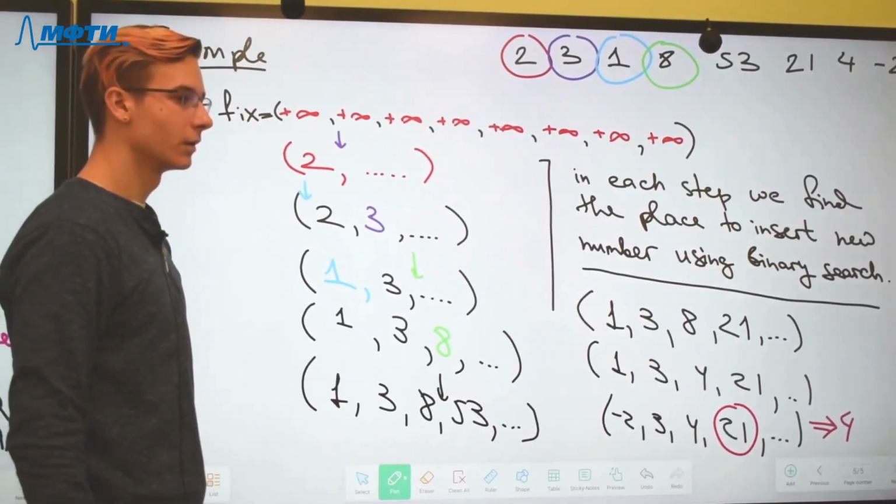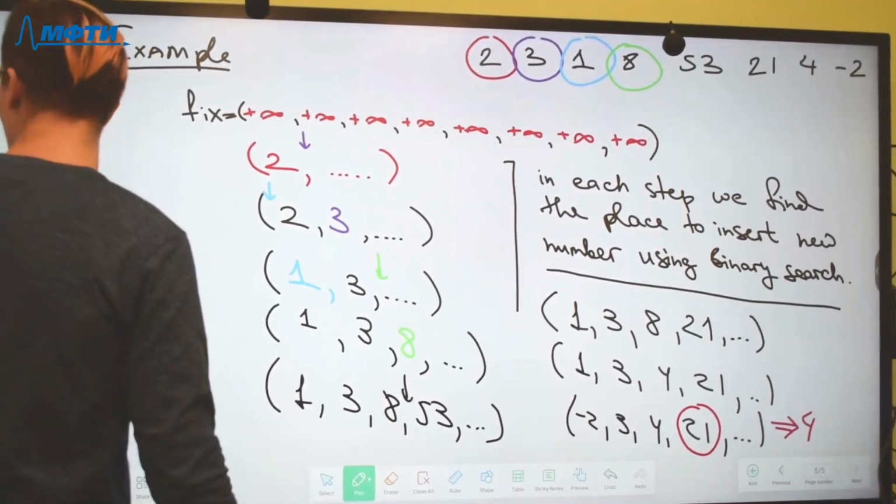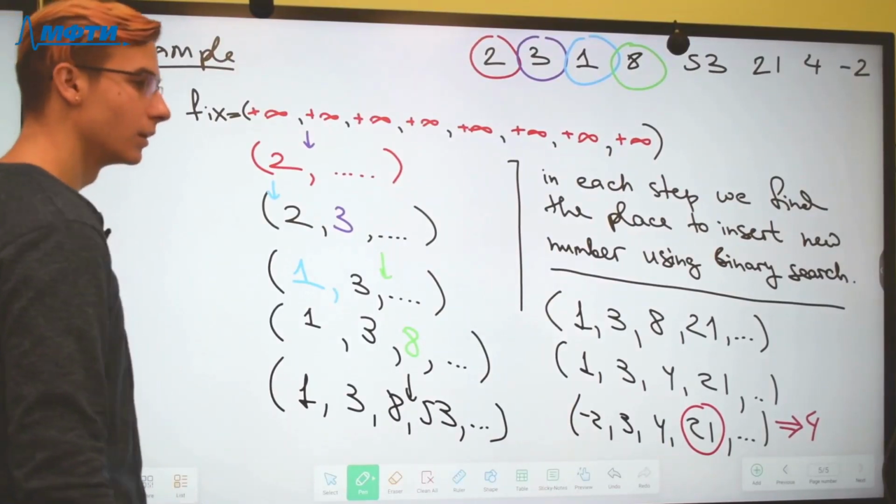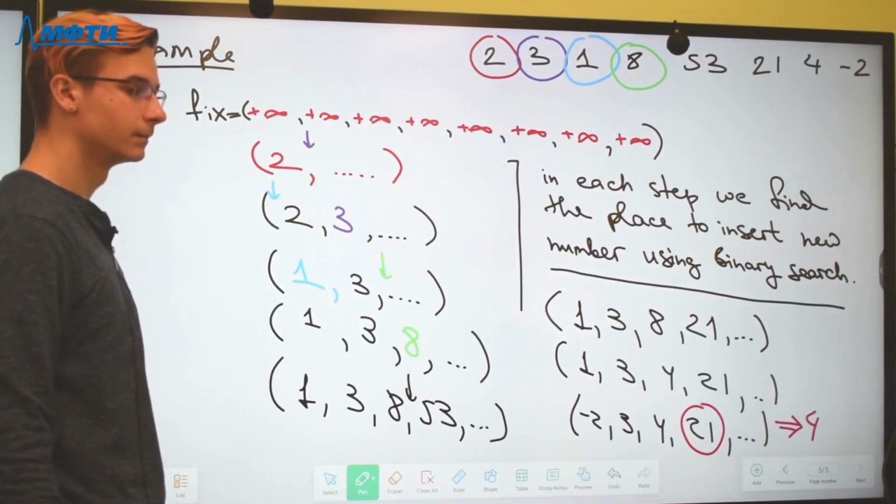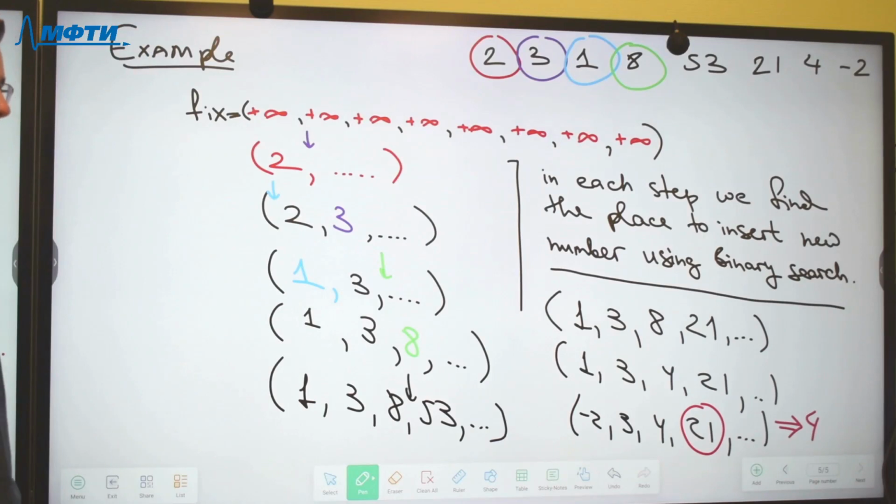I think yes. Okay. And here the memory will be n squared. The time complexity and space complexity, or what? Yes, space complexity.